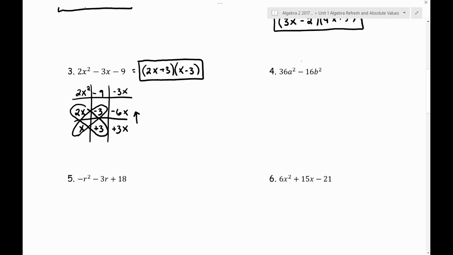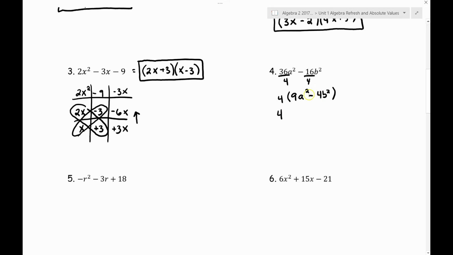Okay, so number 4, looks like we have a difference of squares here. If I can take out a GCD, do it first. 16 and 36 both have a factor of 4. So if I take out a 4, I'm left with 4 times 9a squared minus 4b squared. Lucky for me, 9 and 4 are still perfect squares, so I can break that down into a difference of squares.